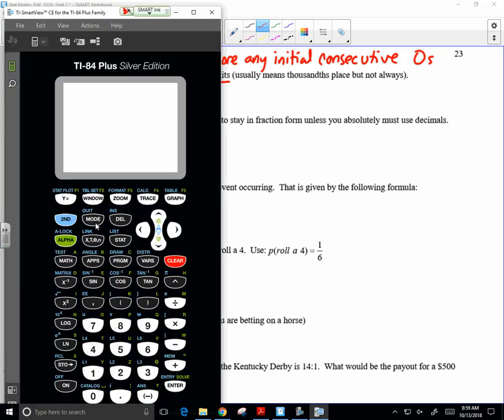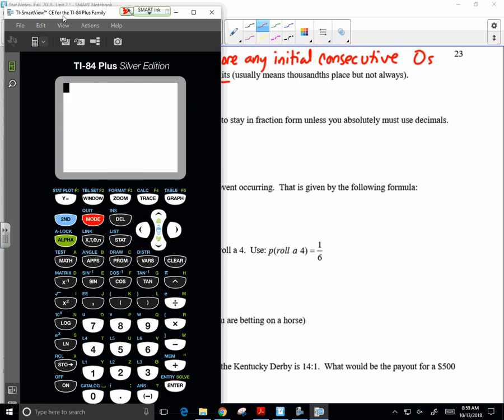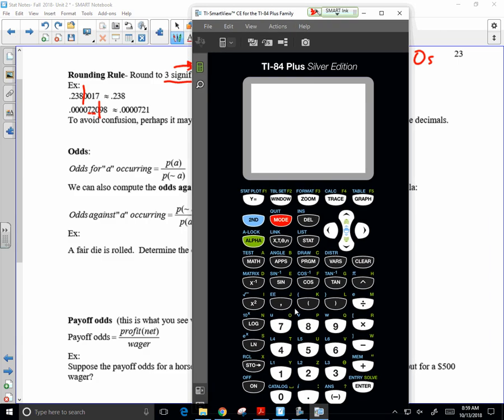In your mode menu, you have normal, SCI, and ENG. Scientific notation puts everything in scientific notation. One times 10 to the 0th power is what that translates to.